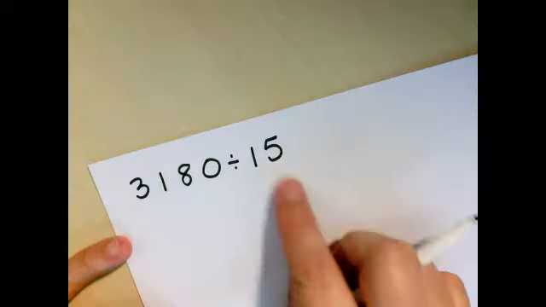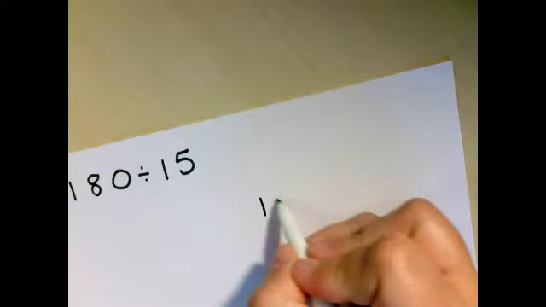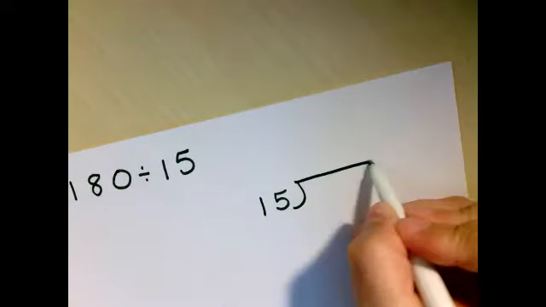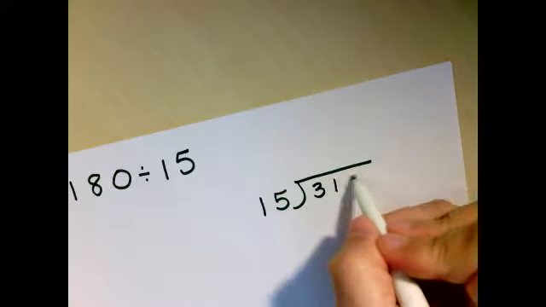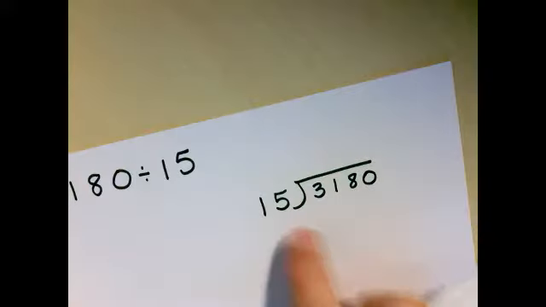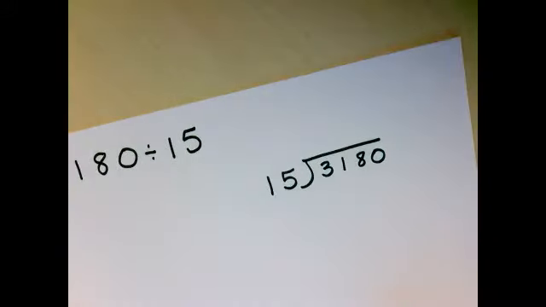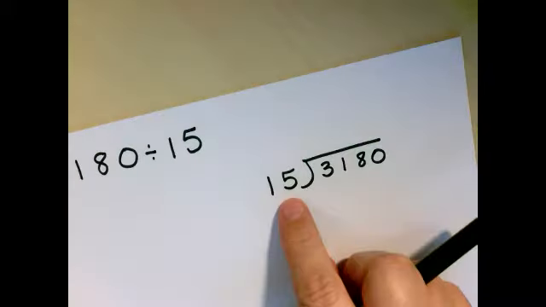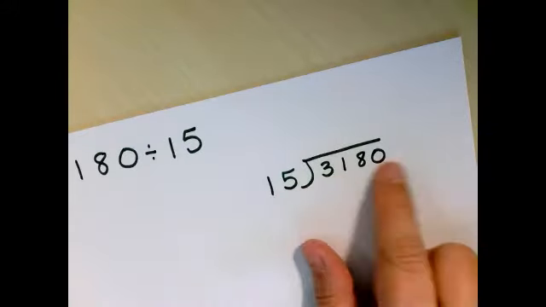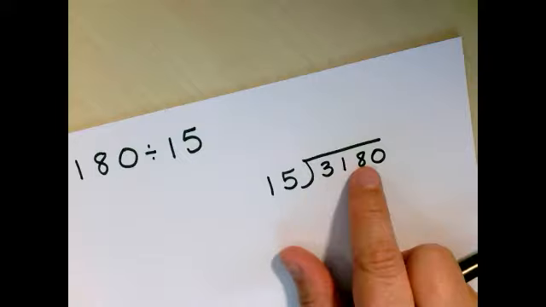So if I have 3,180 divided by 15, I'm going to come over here and I'm going to write this just like I was going to use that standard algorithm. But I'm going to think about friendly numbers here. What can I multiply 15 by to get close to something less than this number?